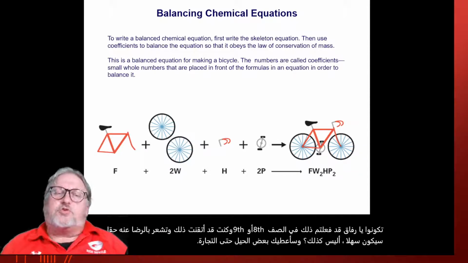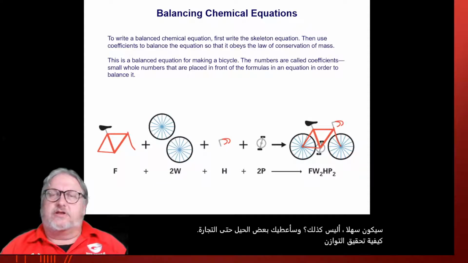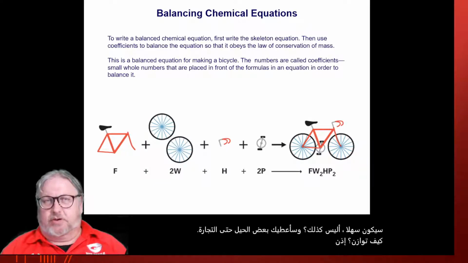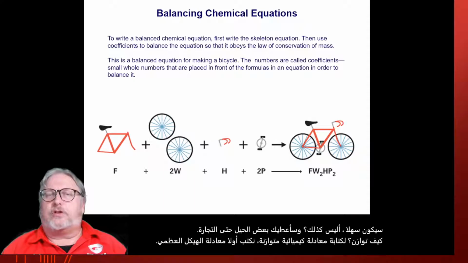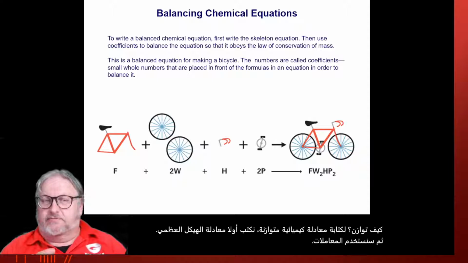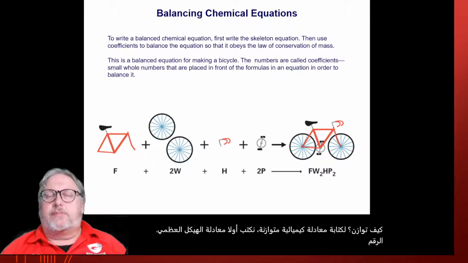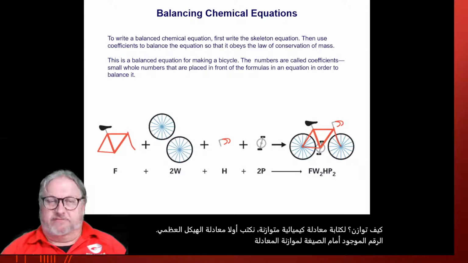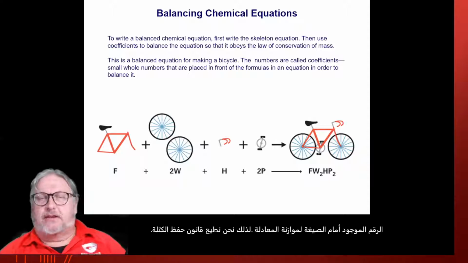To write a balanced chemical equation, first we write the skeleton equation. Then we use coefficients, the number in front of the formula, to balance the equation so we obey the law of conservation of mass. This is a balanced equation for making a bicycle.